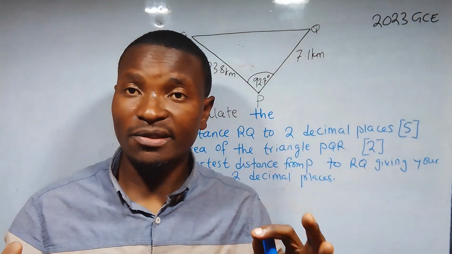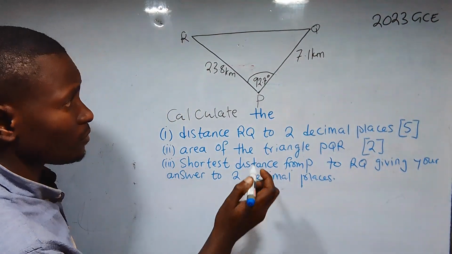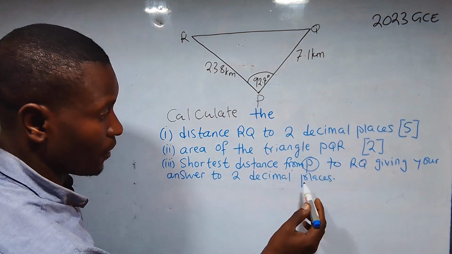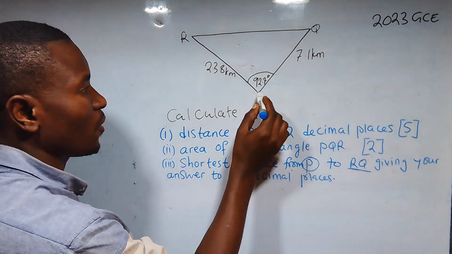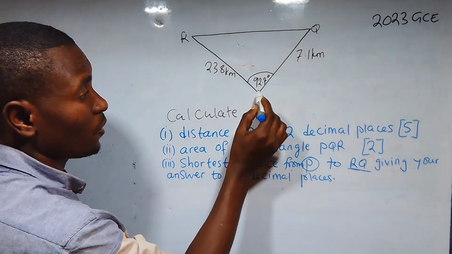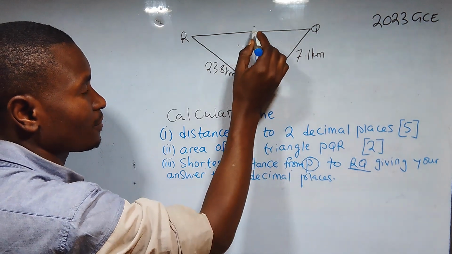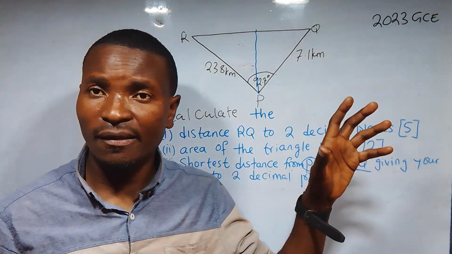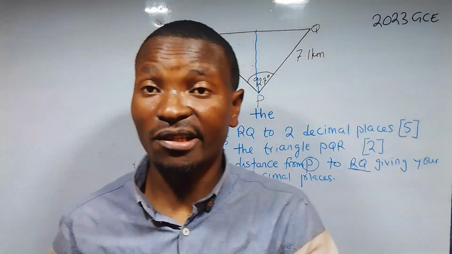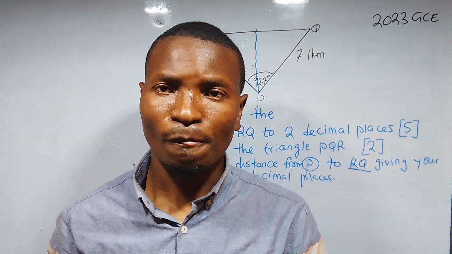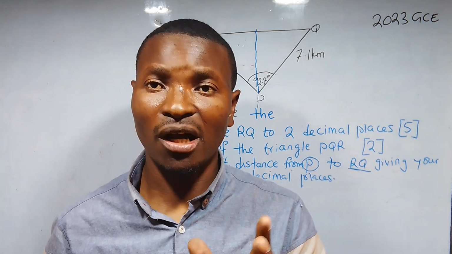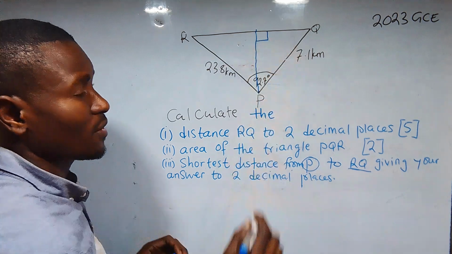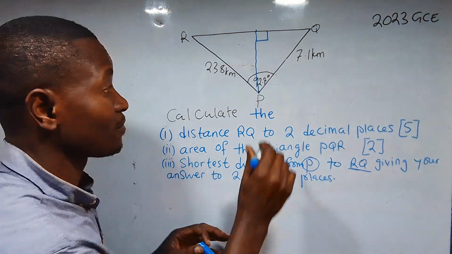So what this means is the shortest distance from this point P to RQ. All you have to do is draw a line like this, and once you do that, you have divided this triangle into 2. So you have this, a right angle triangle, okay?